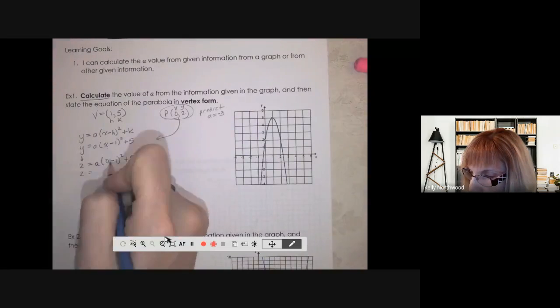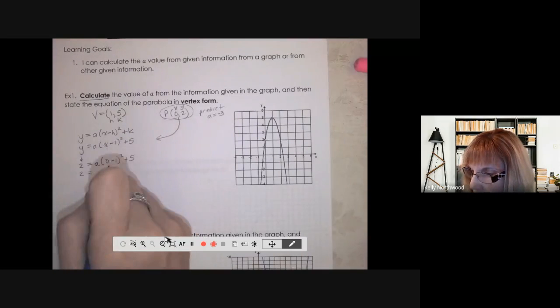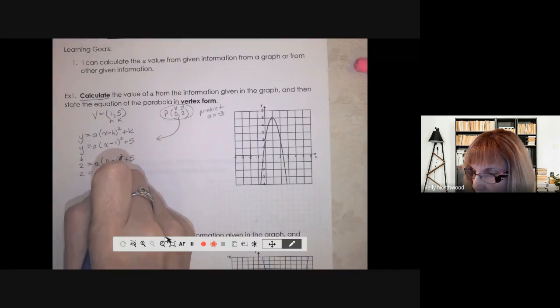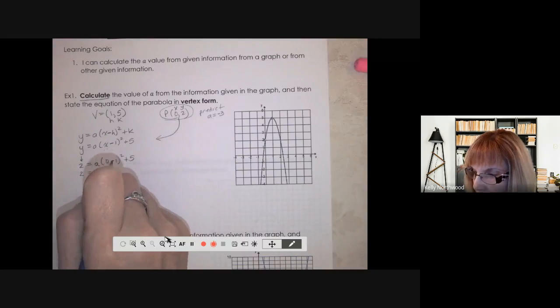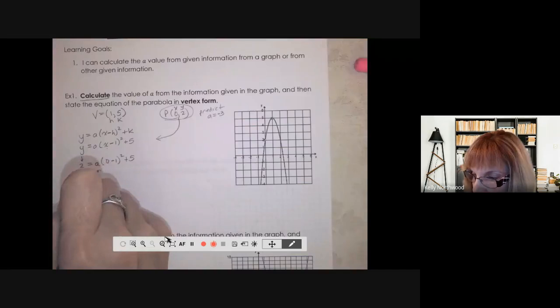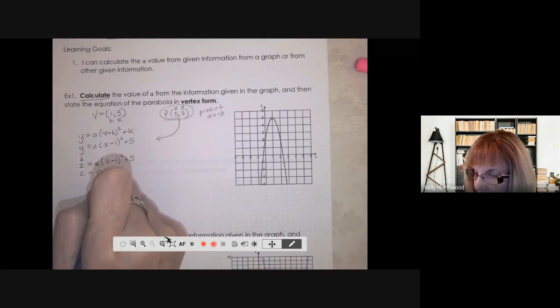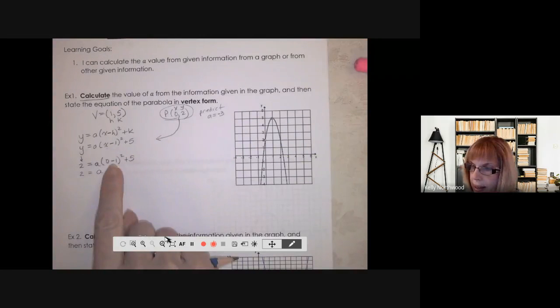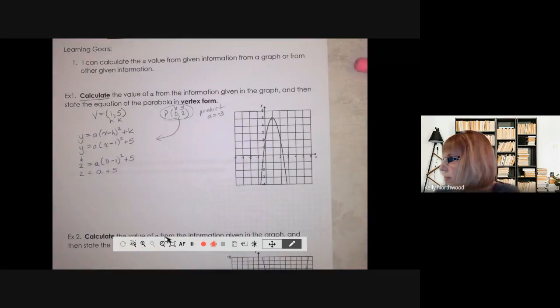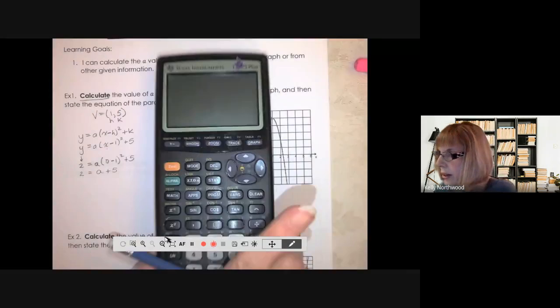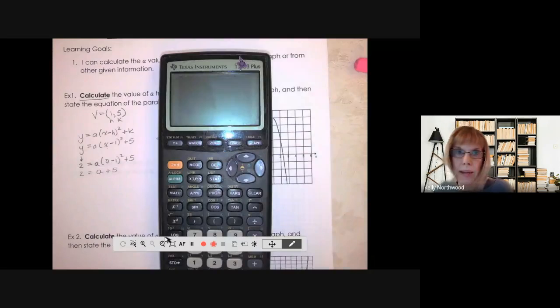So first of all, on this side, I'm going to do the brackets: 0 minus 1 is -1, and square it, giving me +1. And +1 times A is 1A, or just A. Let me show you on my calculator the steps I would take in my mind here.